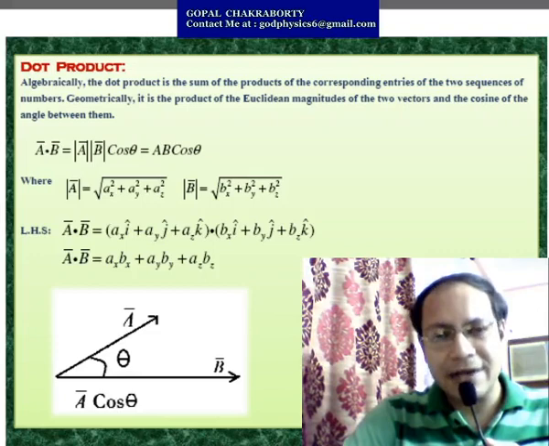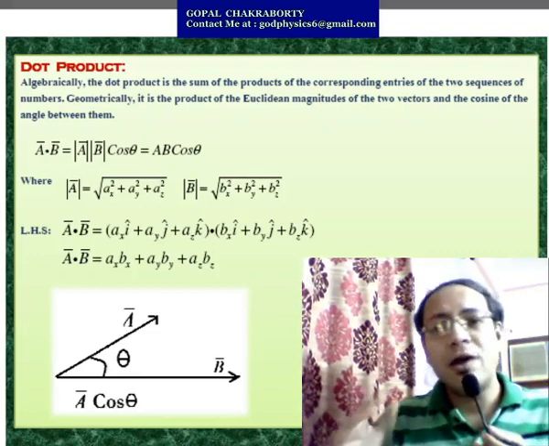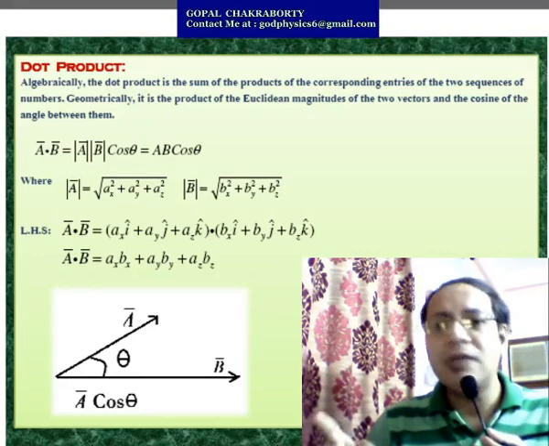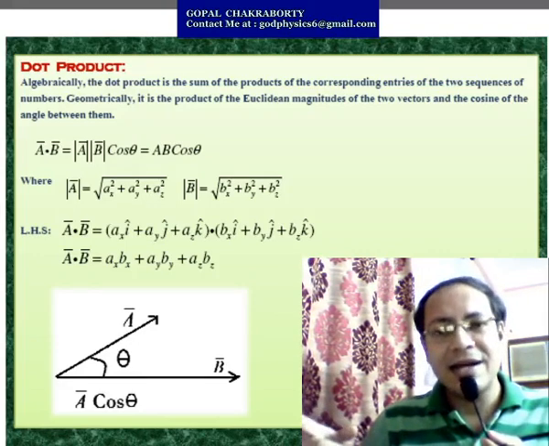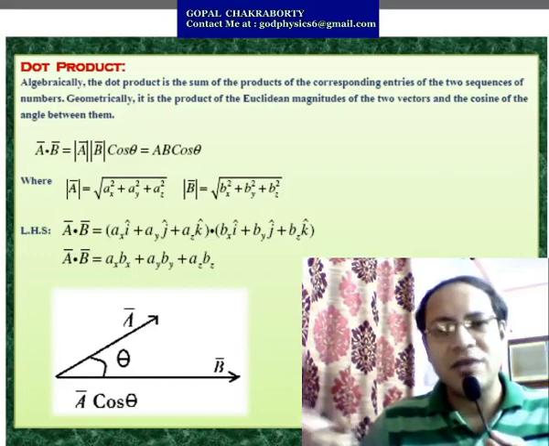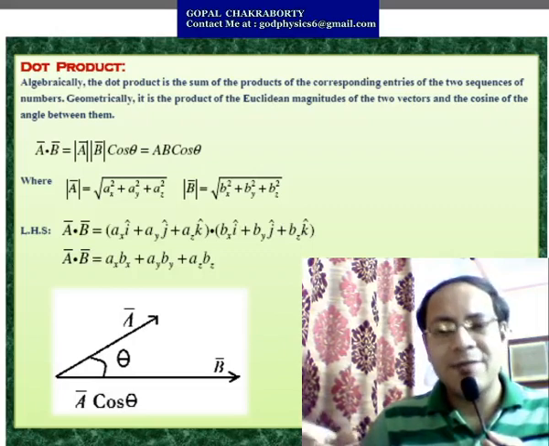But when you find i dot i, that means 1 into cos theta, where theta is 0 degrees, as both unit vectors are parallel to each other. So that will give you a value of 1.